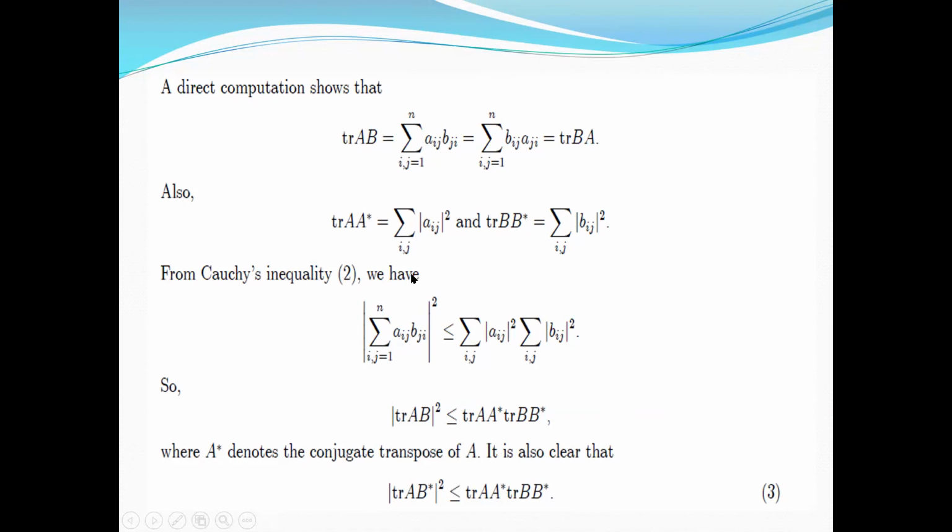Now the left hand side, as shown here, is trace AB mod square, and the right hand side is trace AA star times trace BB star, where A star denotes the conjugate transpose of A. It is also clear that we can write this in this form, trace AB star, because trace A star A equals trace AA star, and trace B star B is the same as trace BB star.